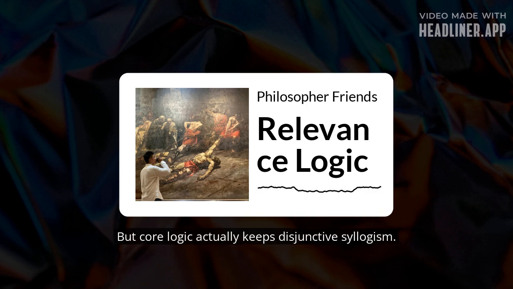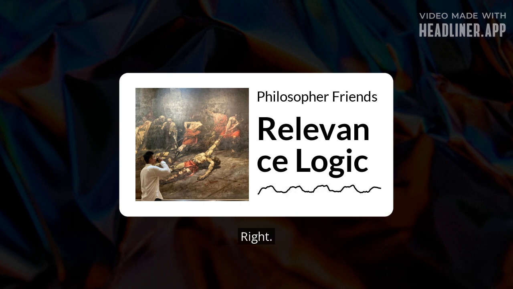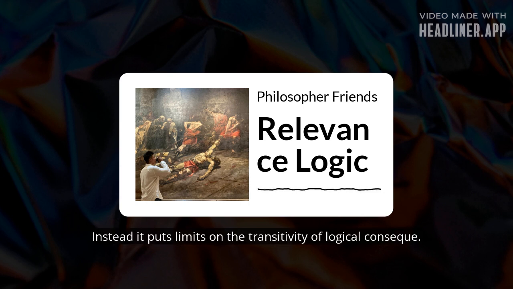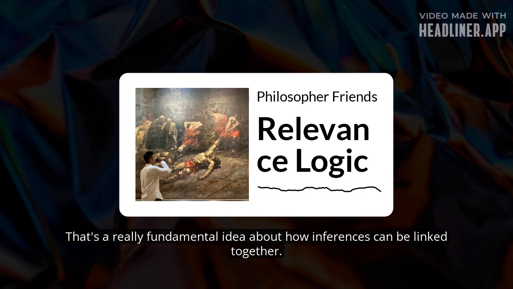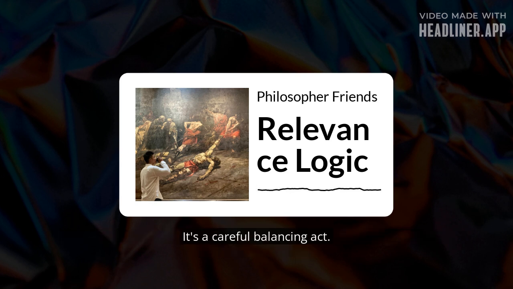But core logic actually keeps disjunctive syllogism. Oh, okay. And it keeps other standard rules from intuitionist logic, too. So it's not rejecting specific rules. Right. Instead, it puts limits on the transitivity of logical consequence. That's a really fundamental idea about how inferences can be linked together. So it's like you have the building blocks of inference, but you can't just extend them forever. Exactly. It's a careful balancing act.